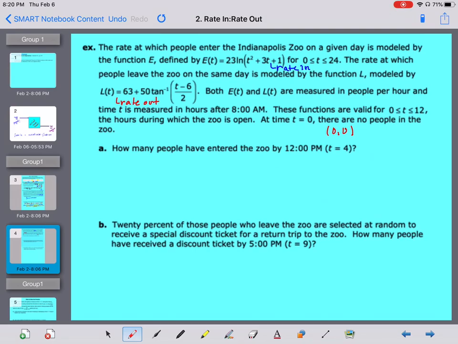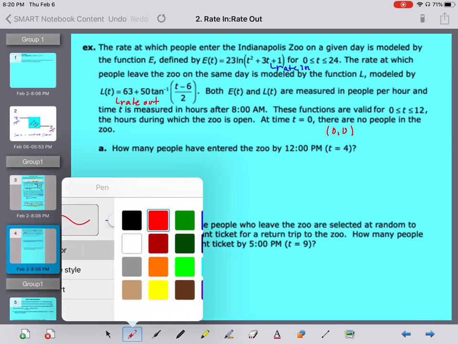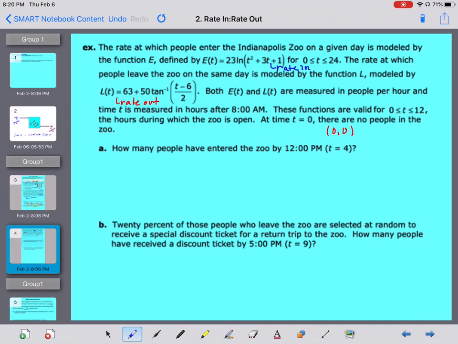Okay. So the first question says, how many people have entered the zoo by 12 p.m., which is t equals 4? So now we only care about the people entering the zoo. Because we're looking for a total, remember that's an indication that we're going to integrate. So if I want to get the total amount of people, I would integrate from 0 to 4.